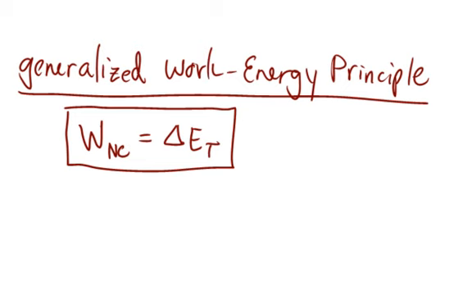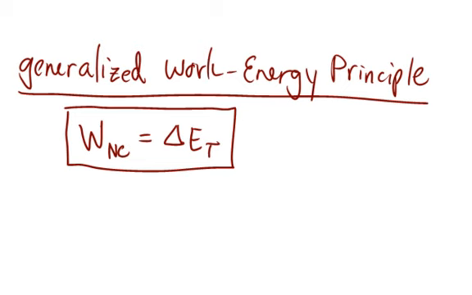So basically, not the weight, not the gravitational force, not the electric force, not the spring force. But if I compute all the work that's done by all the other forces and then look at the change in the total energy, and we've talked about kinetic energy, gravitational potential energy, elastic potential energy, then I can equate those two things together. That looks like a very simple formula.